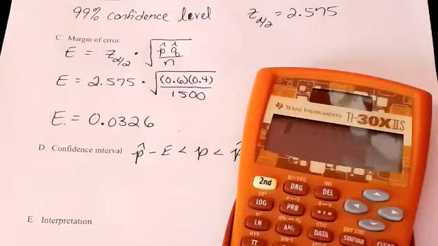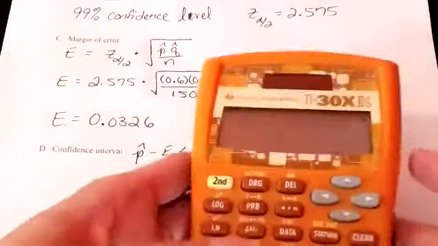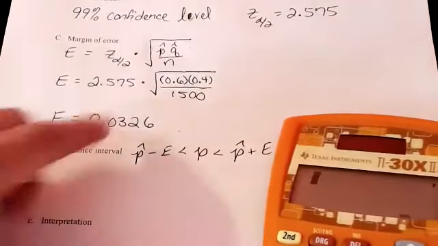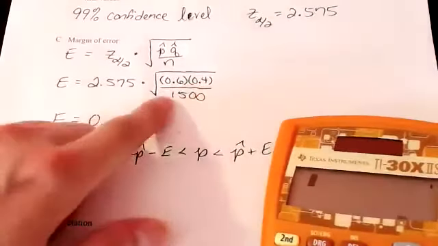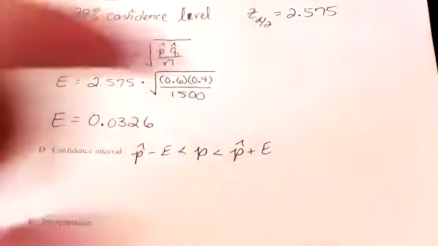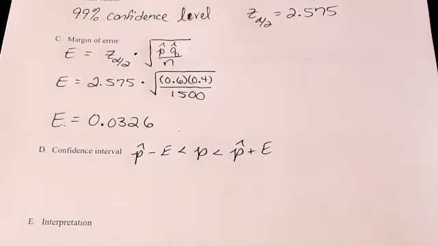But if you don't have that, and you have something similar to mine, you can just punch it in from left to right and top to bottom. So 0.6 times 0.4, then divided by 1500, then close the parentheses. But yes, I like that idea. You can definitely input your fraction so that you can select a numerator and denominator. Very cool.